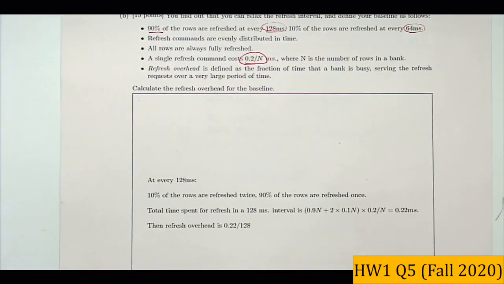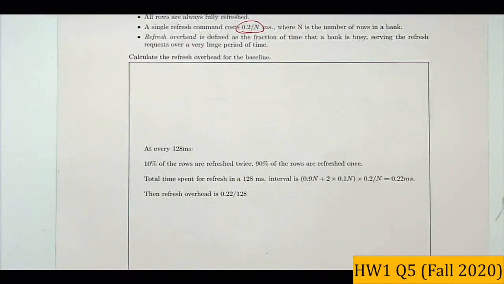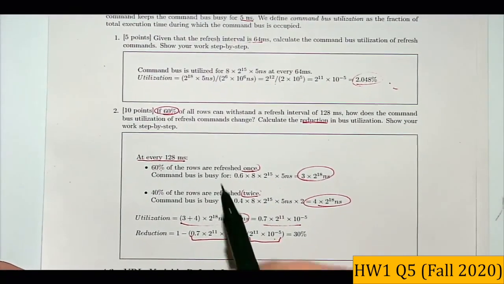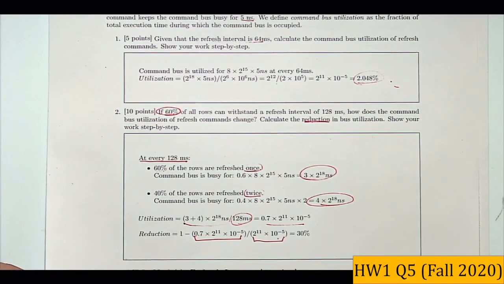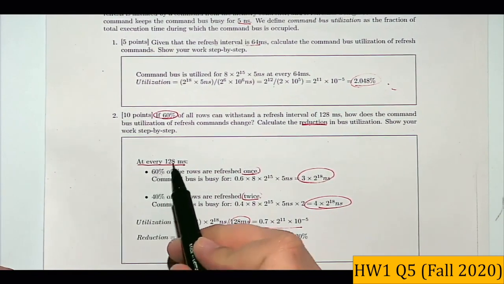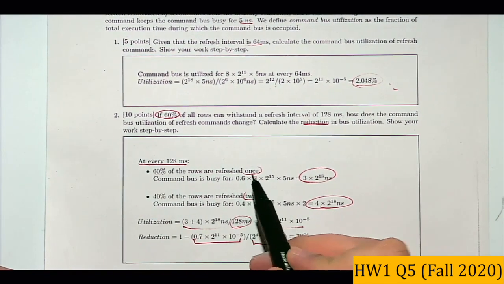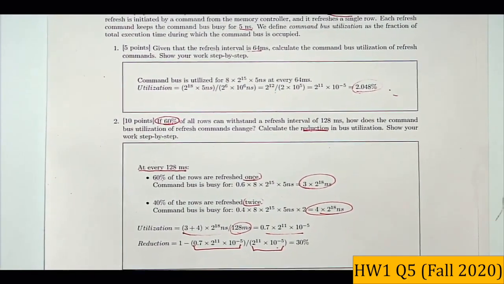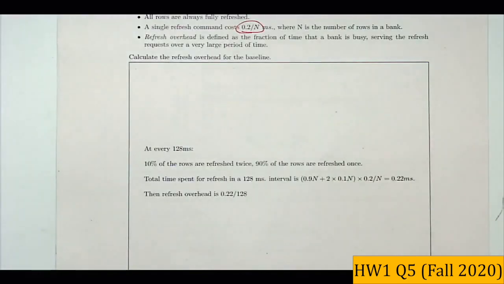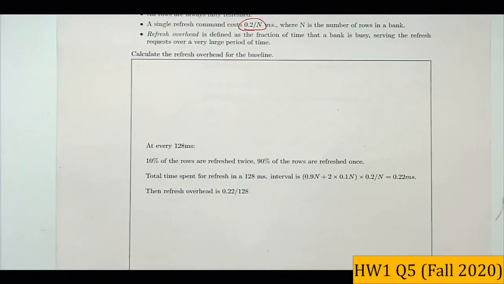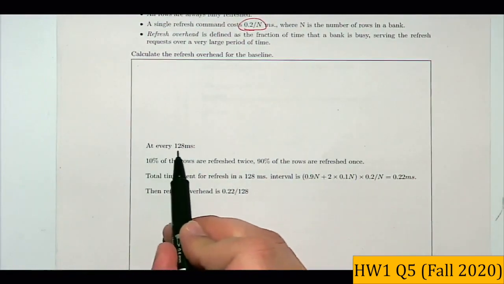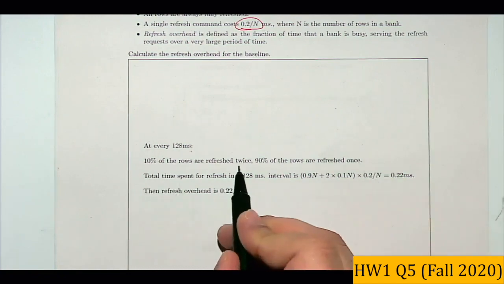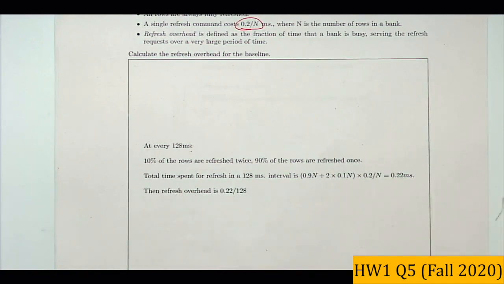Okay, so again, I do the same thing that I did in the second part of the first question in the basics. Remember, 60% was being refreshed once in every 128 milliseconds, and the 40% were being refreshed twice. So it's the same story here again. I look at every 128 milliseconds: 10% of the rows are refreshed twice, and 90% are refreshed once.